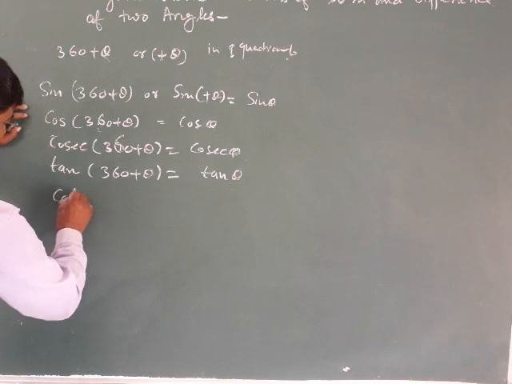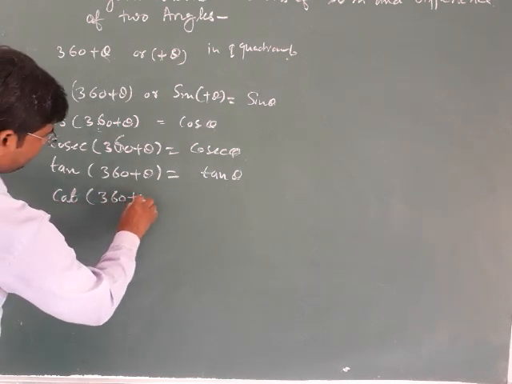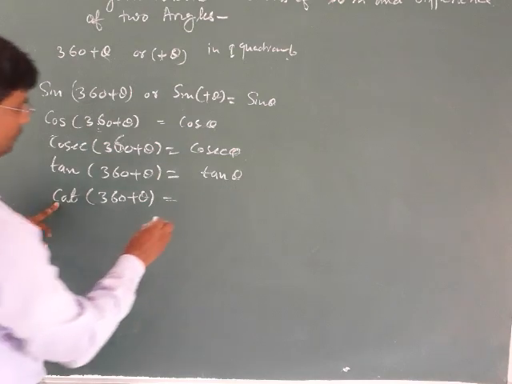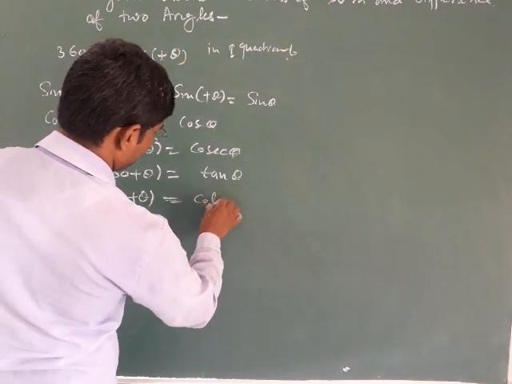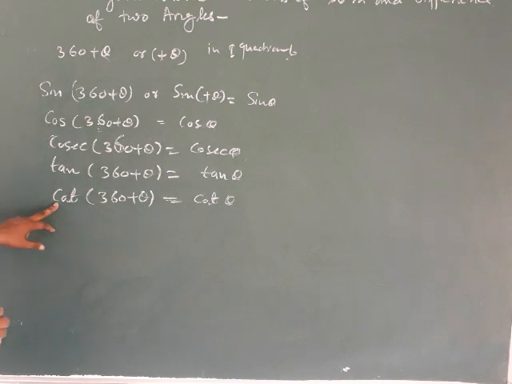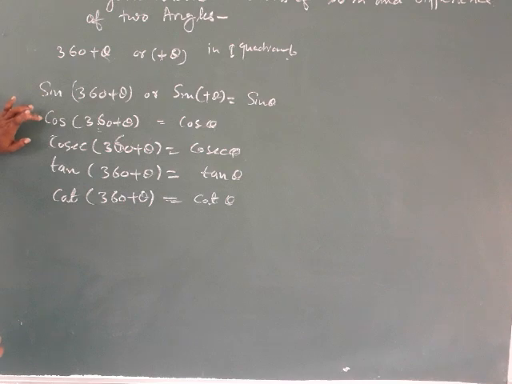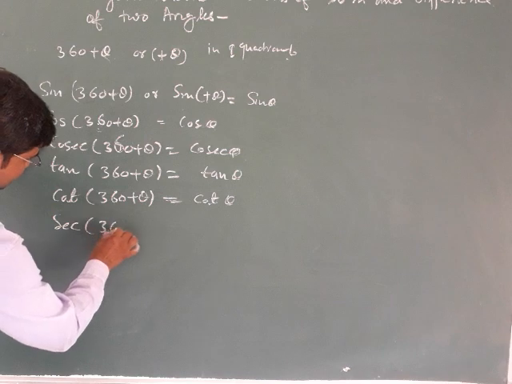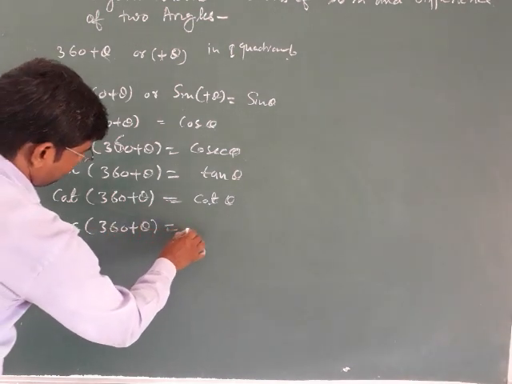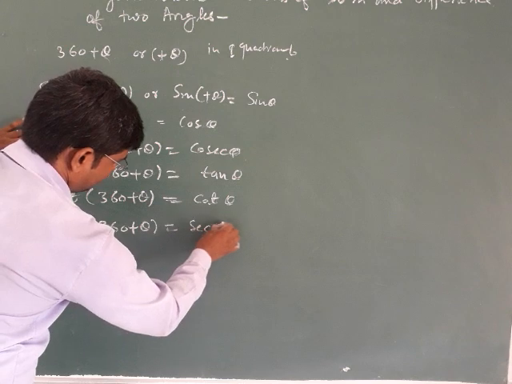Cot of 360 plus theta is equal to cot theta, the value will be positive because all ratios lie in the first quadrant. In the first quadrant all trigonometric ratios are positive. So sin, cos, cosec, tan, cot and also sec of 360 plus theta is equal to sec theta.